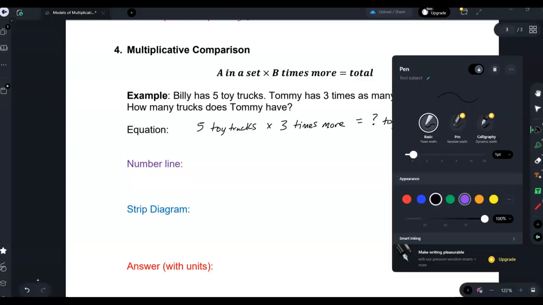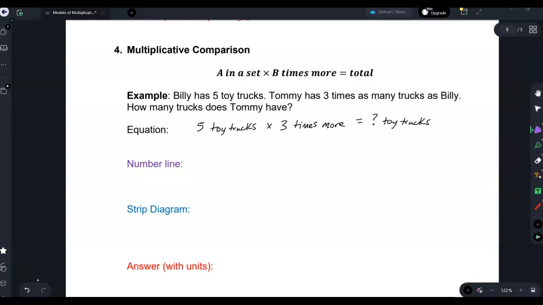One way that you would probably do this is with a number line, or you might do a strip diagram. You could draw something that's supposed to represent trucks, but it gets a little bit harder because you're drawing the individual trucks, and really we need to be taking that whole group of trucks and making it that many times more, in this case 3 times more.